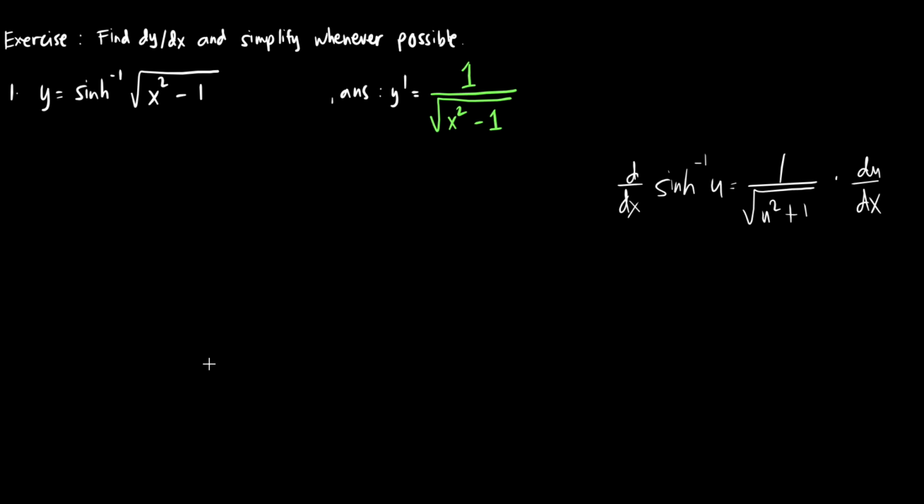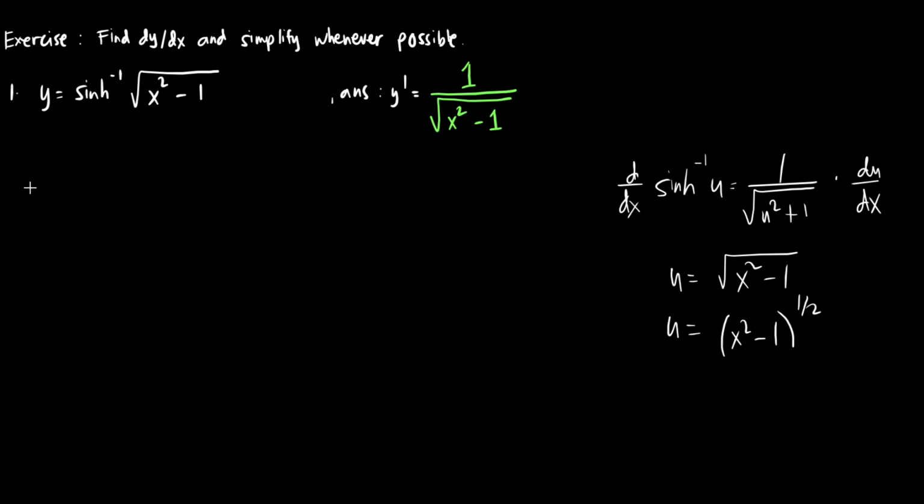So take note of that one. Our u here is equal to square root of x squared minus 1, or if we transfer this into exponent form, it is x squared minus 1 raised to the power of 1 half. So take note of that one.